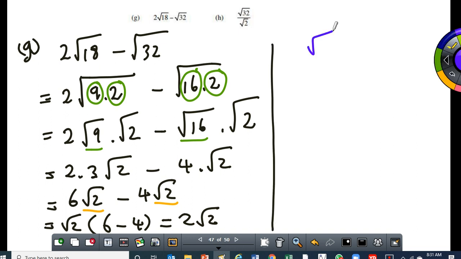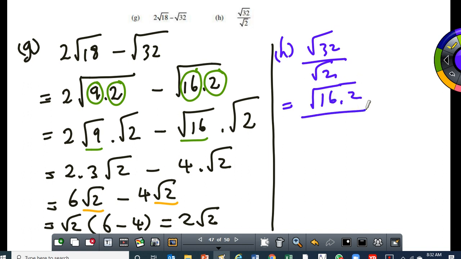That's the square root of 32 over the square root of 2. Okay? Now this one we are dividing two surds, but the numerator can be simplified. The denominator is already simplified. So what we can do here is to write 32 as the square root of 16 times 2 over the square root of 2.